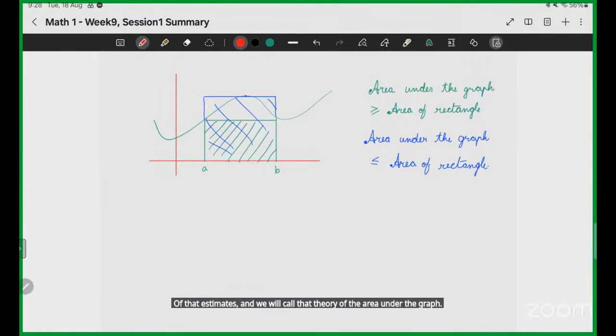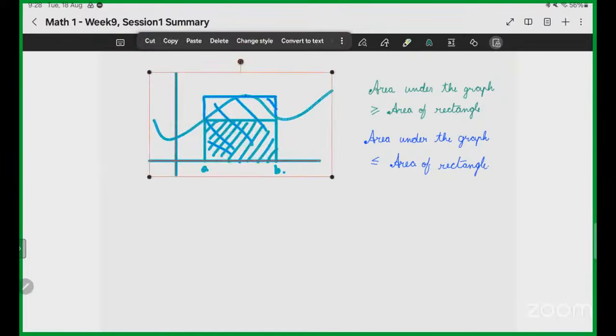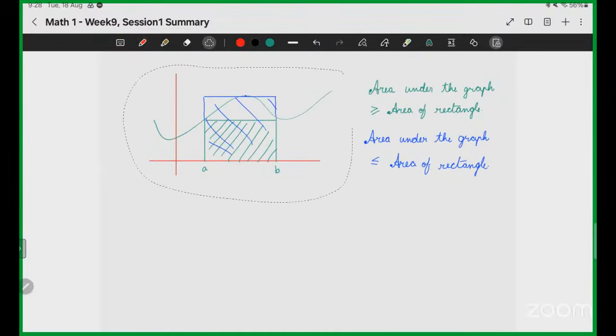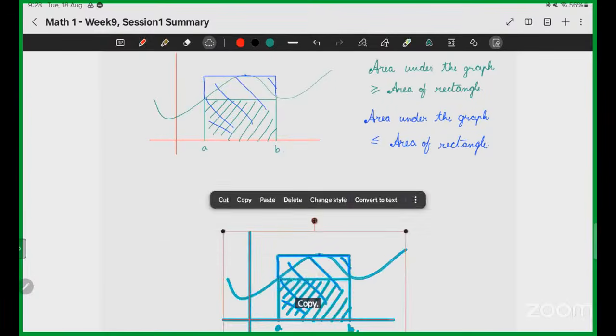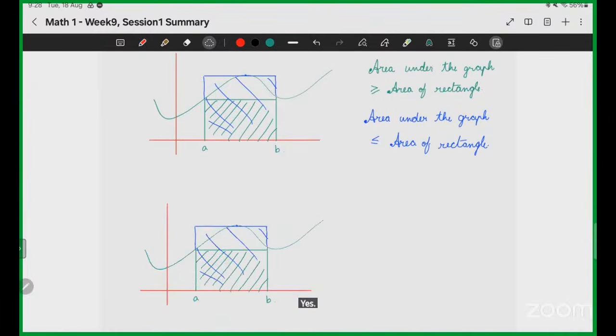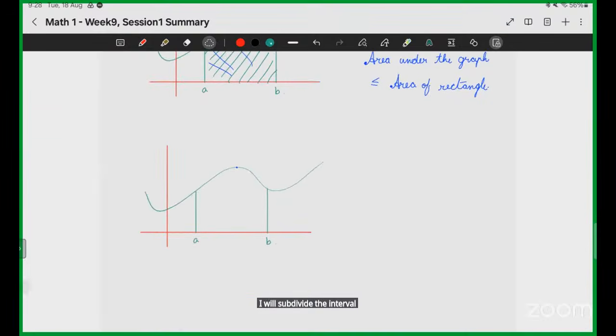What do I mean by that? We'll draw this again. So now, instead of doing all of this, I will subdivide the interval right across the middle, let's say somewhere over here.